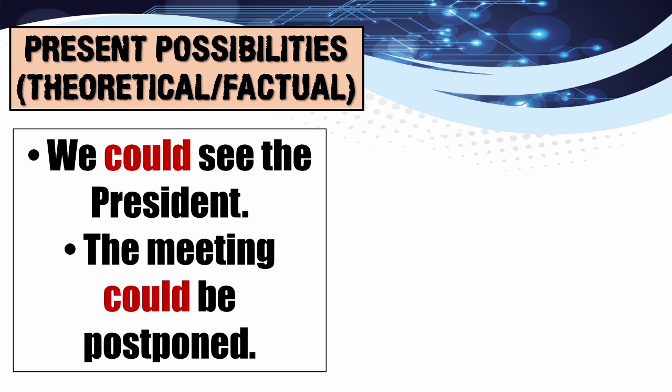In actual fact, we have what it takes, or we are in a position to see the president. But that doesn't mean we are going to see the president. Now, the meeting could be postponed. Given one or two factors, we may decide to postpone the meeting. That doesn't mean we are going to postpone the meeting. That's why we said could expresses present possibilities, either theoretical or factual.